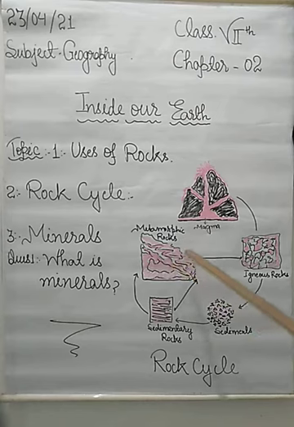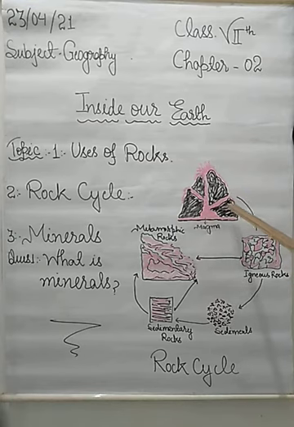Alright. As I told you, after the eruption of a volcano, magma or lava comes out on the surface of the earth, cools down and solidifies, and is responsible for the formation of igneous rocks.